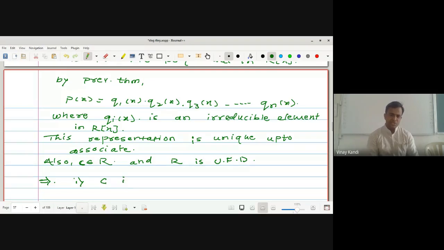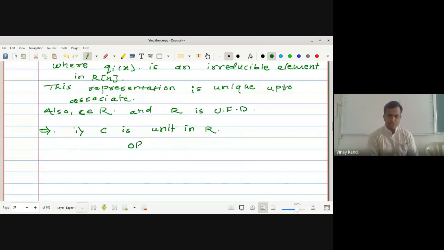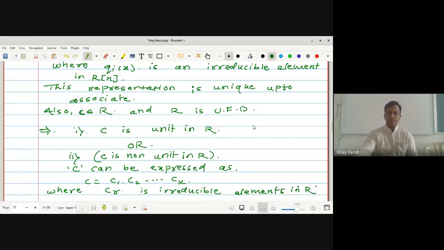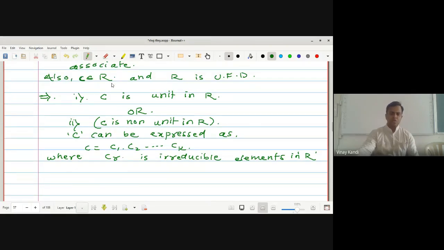Suppose, first condition, c is a unit in R. And the second condition, c is a non-unit in R. That implies c can be expressed as c is equal to c1 into c2 up to ck, where each ci is an irreducible element in R. By the definition of unique factorization domain, c belongs to R, and R is a unique factorization domain.